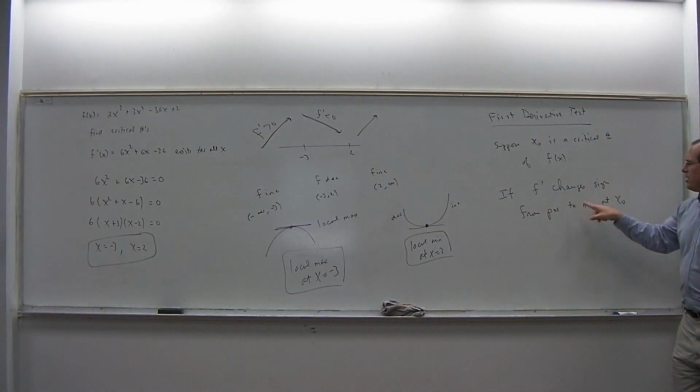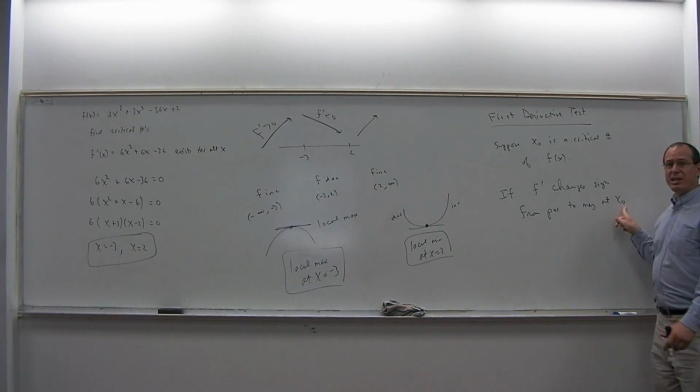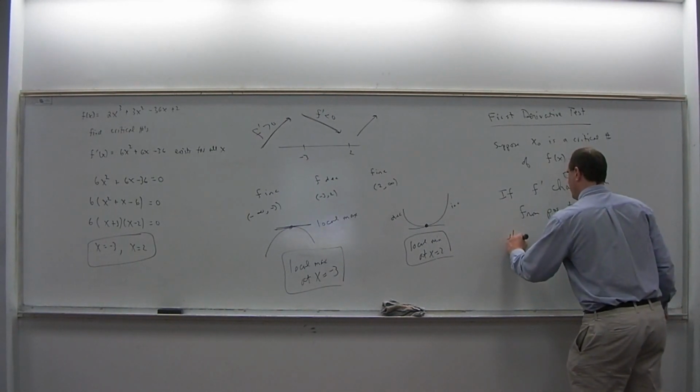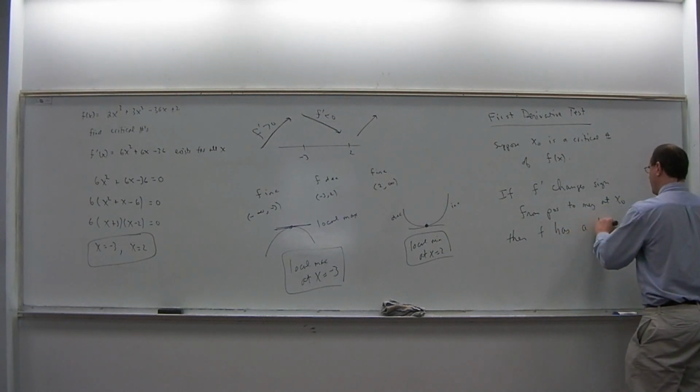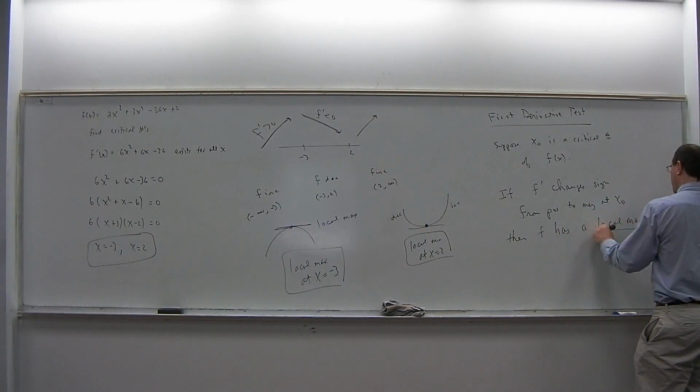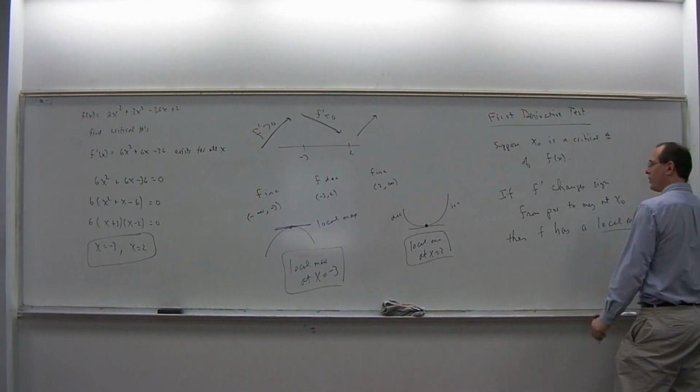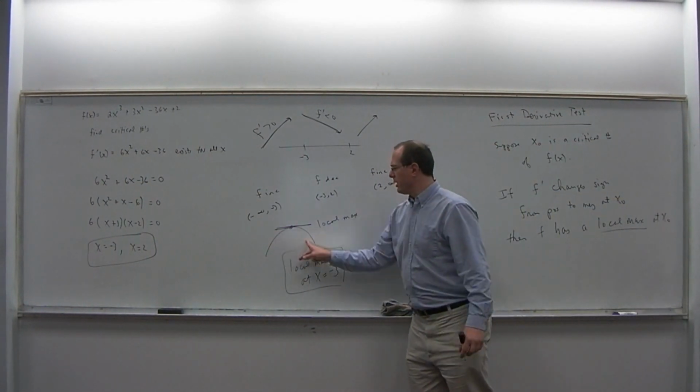So if f prime changes from positive to negative at the critical number, then f has a local max at x0. That's what we saw here.